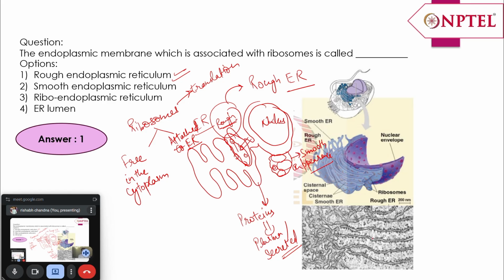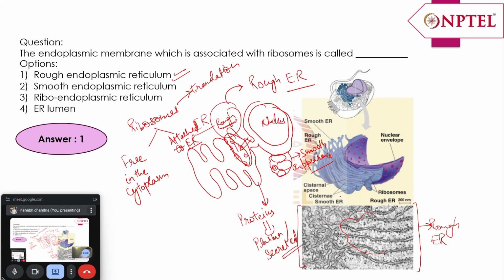On the electron micrograph, as you can see, the presence of the ribosomes gives a rough appearance on the endoplasmic reticulum membrane, so this is called rough endoplasmic reticulum. And on the left-hand side, where the smooth endoplasmic reticulum is present, the ribosomes are not attached to the surface or the membrane of the endoplasmic reticulum. Hence, it is called smooth endoplasmic reticulum.